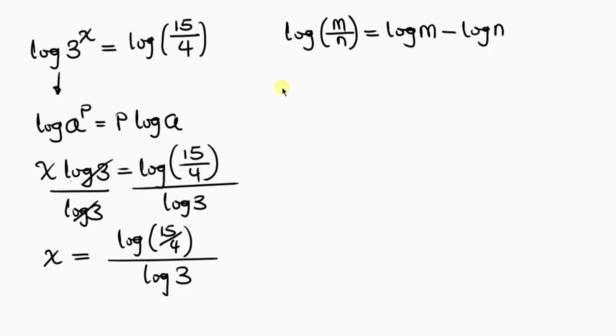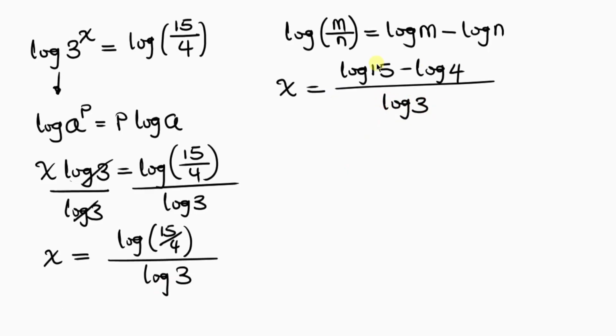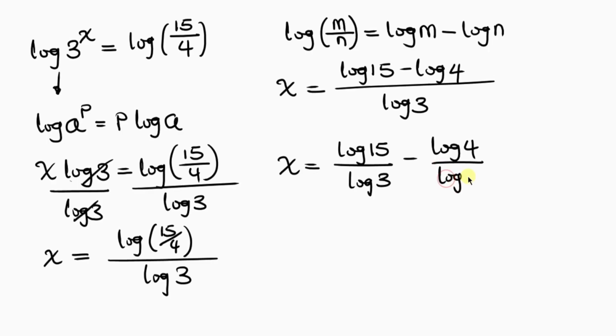So this expression now becomes x equal to the numerator, just like this, will be written as the log of 15 minus the log of 4 all over the denominator log 3. Now let's separate the fraction. So we have x to be equal to log 15 divided by the denominator log 3 minus log 4 divided by the denominator log 3.